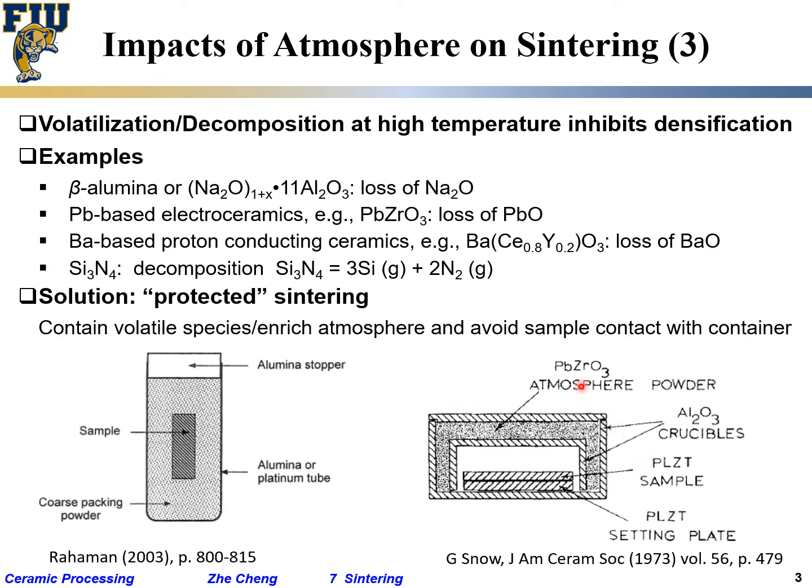Make sense? Or some other related example. We have lead zirconate. This is the PLZT sample. This is the material that you are actually sintering. But then you look at it, beneath this PLZT they put another setter plate, but with the same composition. They're using another material for sacrifice.